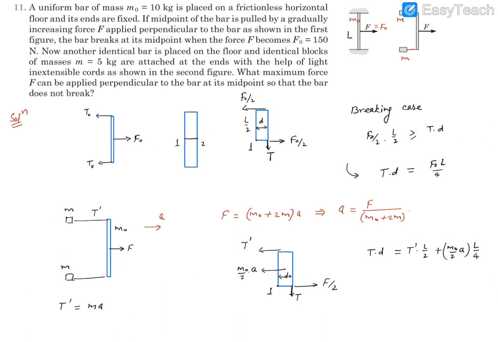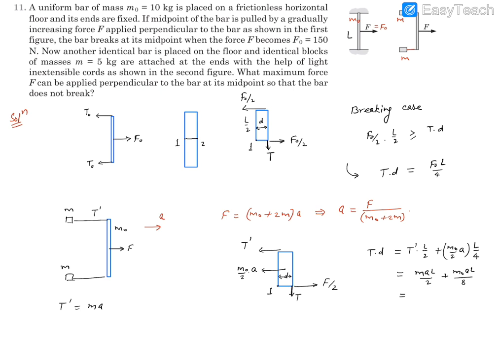Later on we can place the value of a. Sorry, this T dash is ma, so I should replace this T dash. It's going to be m a L by 2 plus m naught a L by 8.